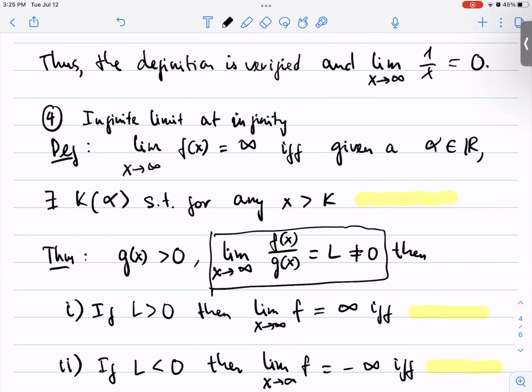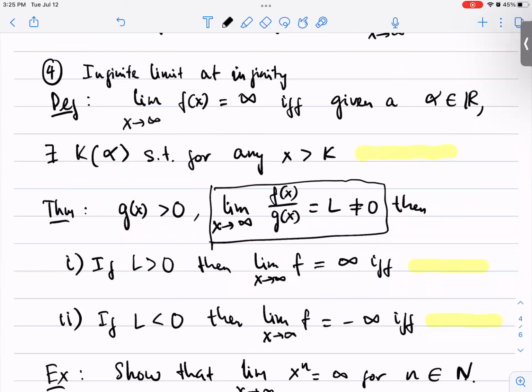Now, the last extension of the limit concept we discuss today is about the infinite limit at infinity. So everything is going to infinity. Here is the definition.